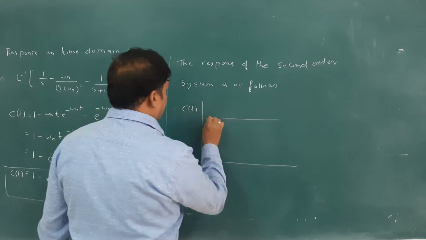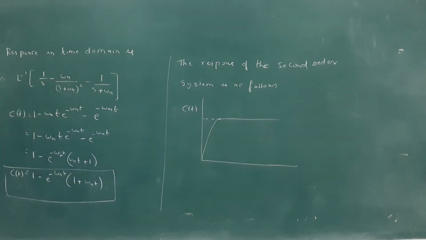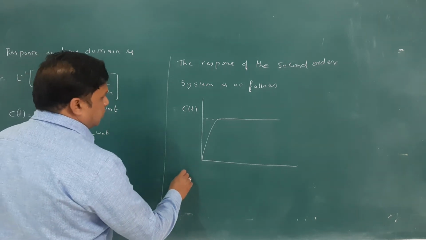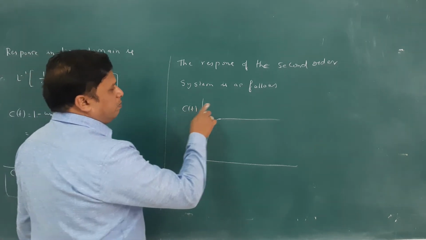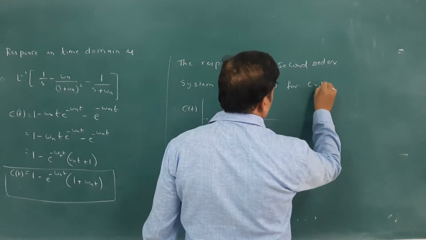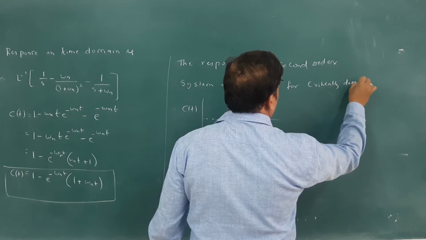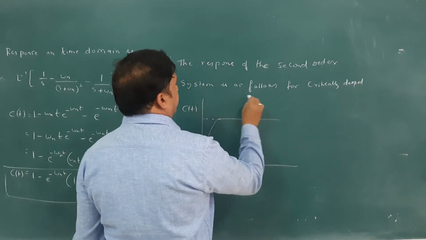So this will be the graph for the response for a second order system in a critically damped case, for step input only.